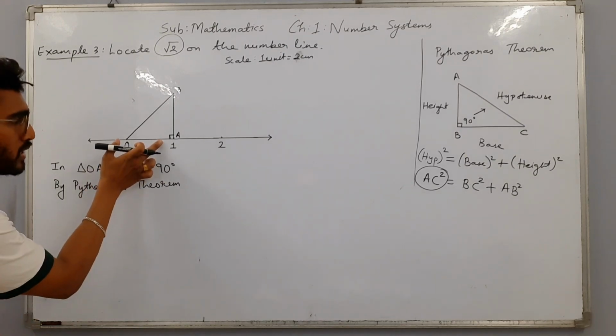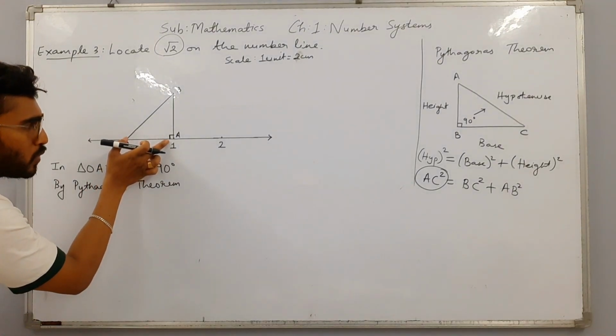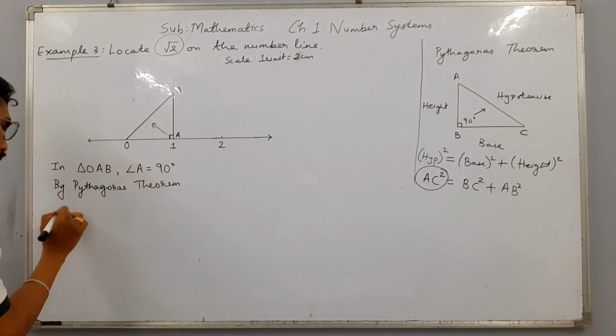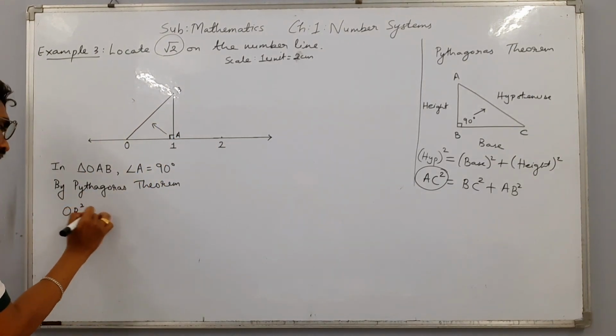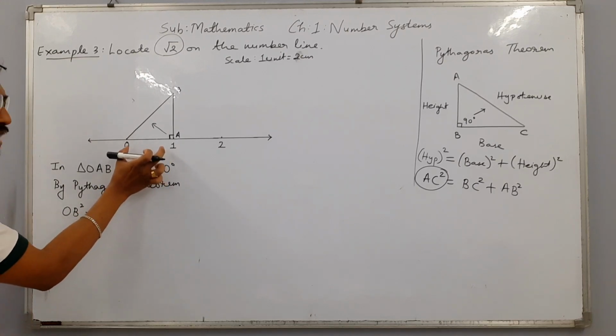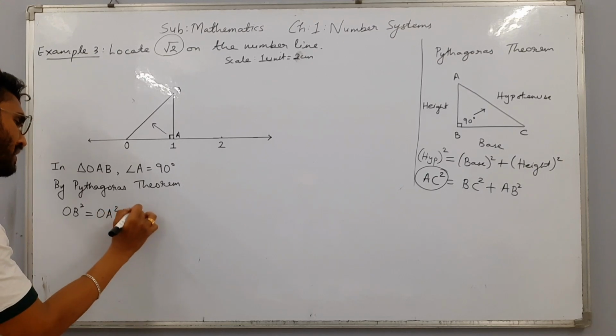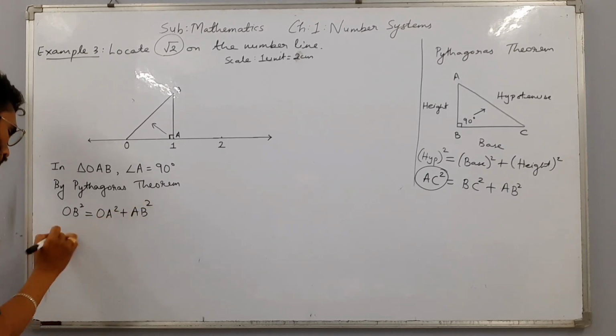Hypotenuse means what, my students? Hypotenuse means opposite to 90 degrees, and opposite to 90 degrees you can see which side is there, OB square. So I will write OB square equal to the remaining two sides, OA square plus AB square.